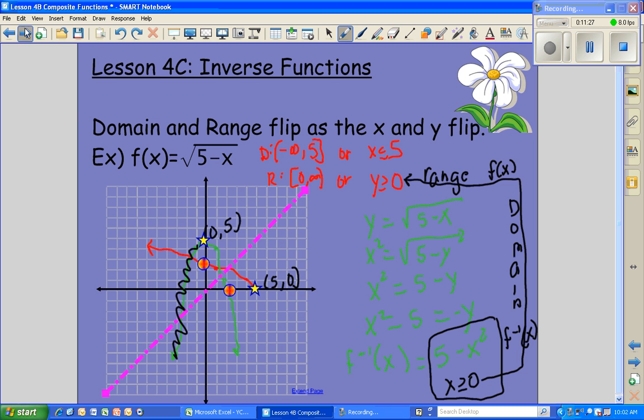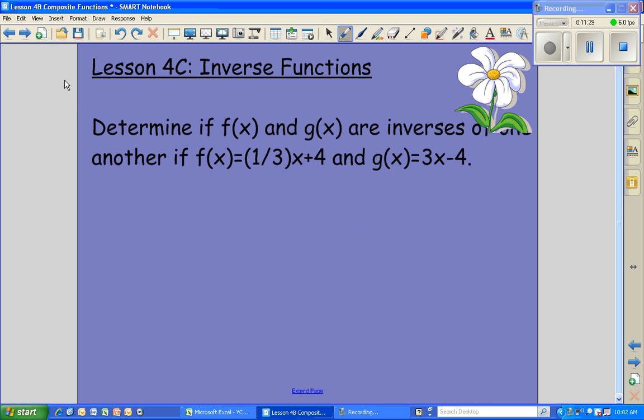All right, so we talked about the domain and the range. What if you are given two functions and you're simply asked, are they inverses? This is where we rely on lesson 4b, and we check their composites. F of g of x. So that means take g of x here, 3x minus 4, substitute it in for the x in f.